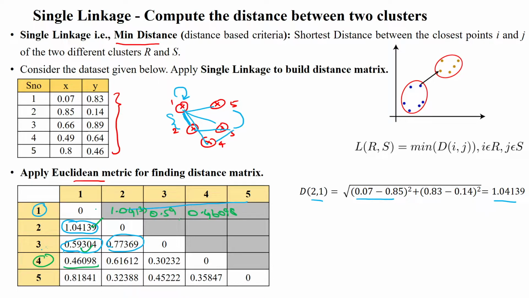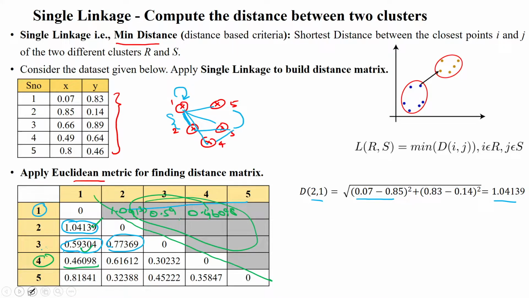So the values are repeated after the diagonal of the table, so we need not repeat the values; we can cut the upper corner portion of the table. These all have repeated values.